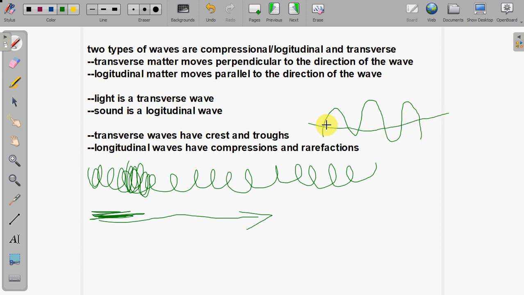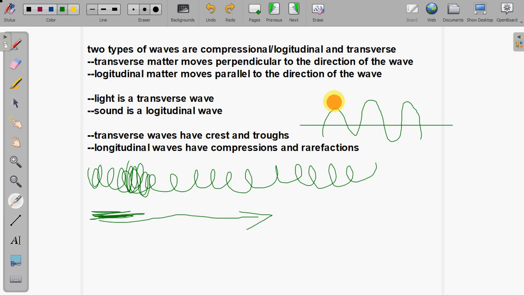The line is supposed to show the original position of the particles. So as the energy flowed through, the particle moved up and then down and then up and then down. And so this up here would be a crest, because the crest is the high point. Down here would be a trough, or the lowest point. Okay.